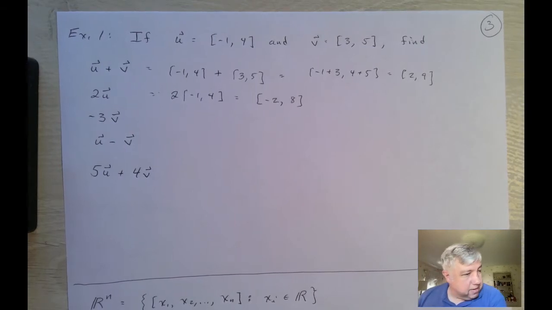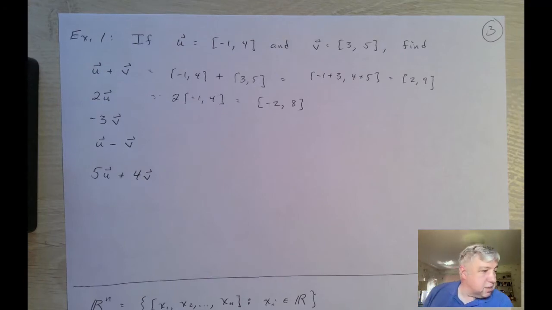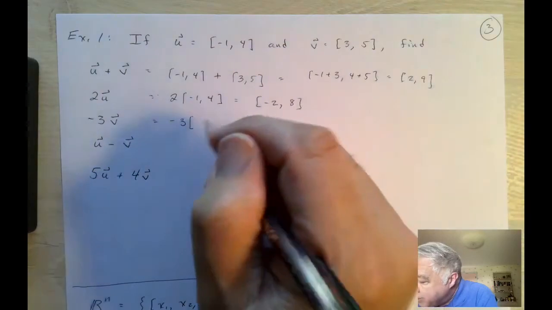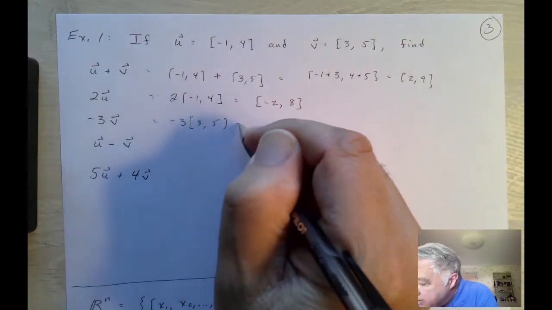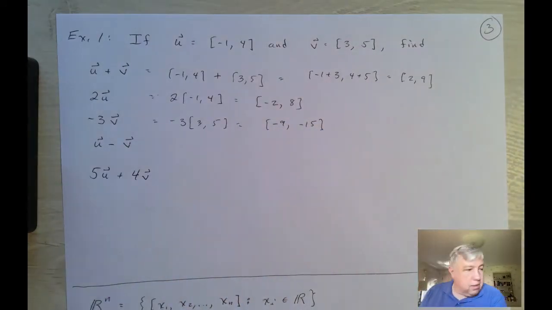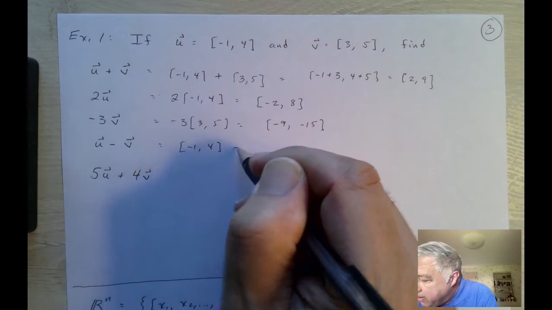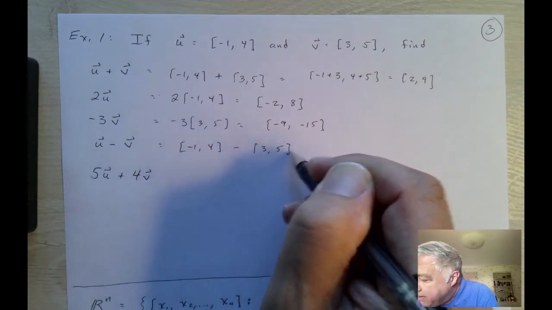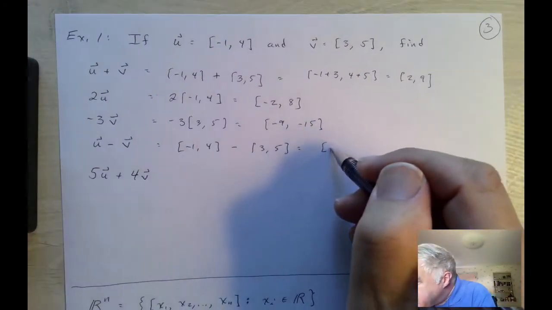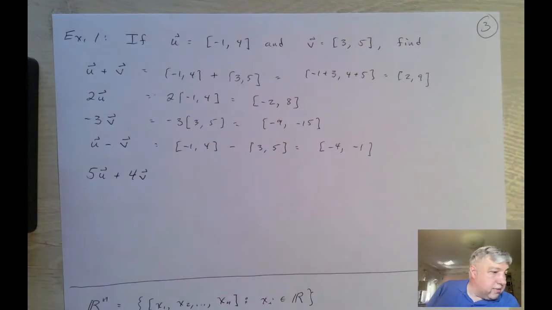Don't worry, no one's going to flunk the course because of arithmetic errors. Negative 3v would be negative 3 times the vector 3, 5, so this would be negative 9, negative 15. u minus v would be negative 1, 4 minus 3, 5, which is negative 1 minus 3, which is negative 4, and 4 minus 5 is negative 1.